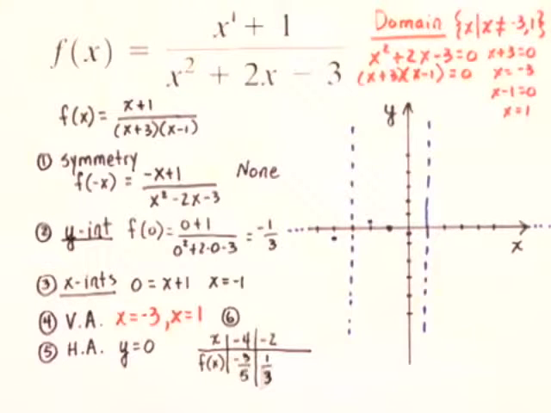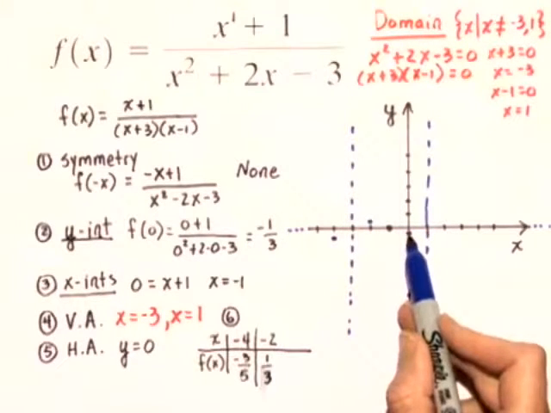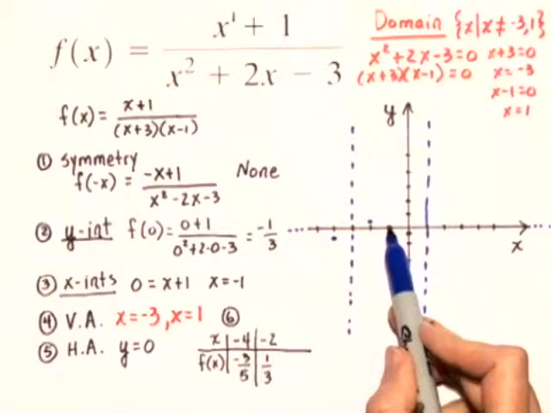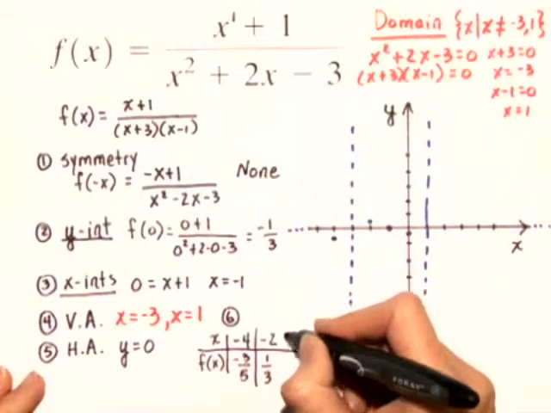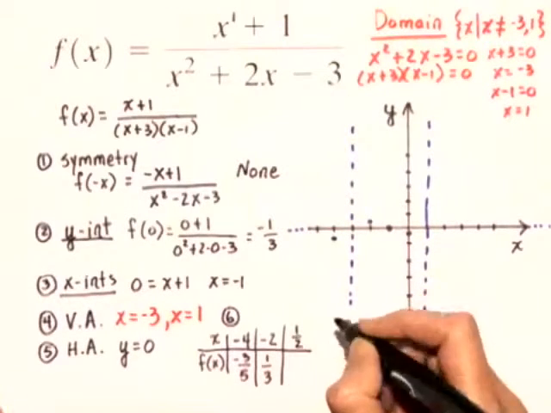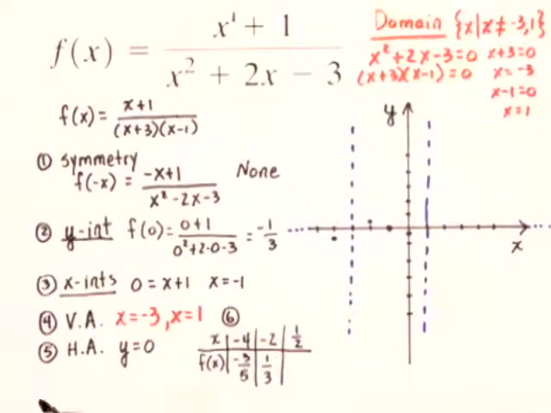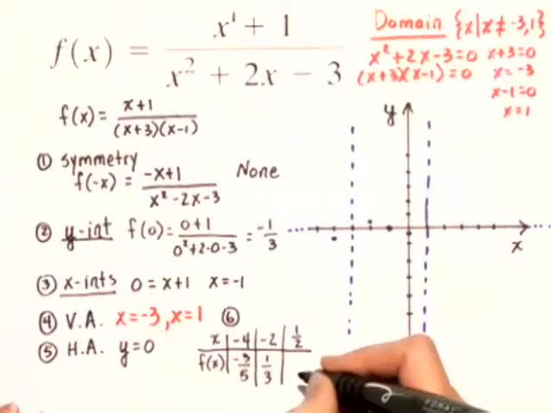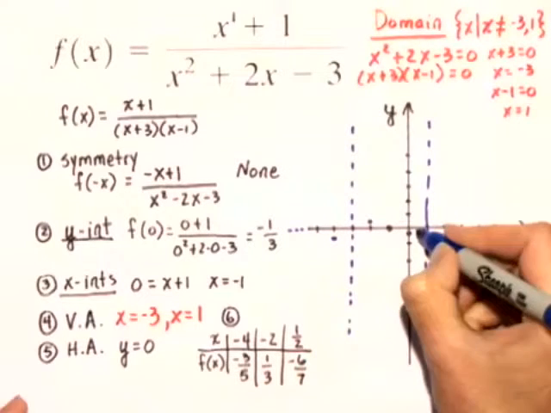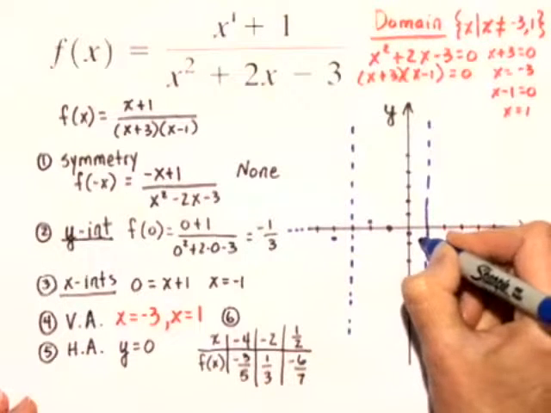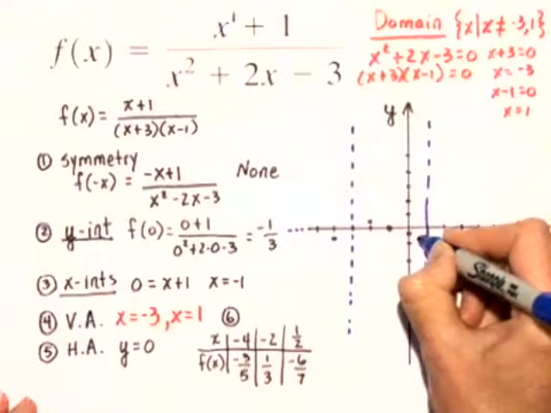And then we can also pick a value in between negative 1 and positive 1 for x. I chose positive 1/2. When I substituted it in, I got negative 6/7 for my y value. So at 1/2, I was down about negative 6/7.